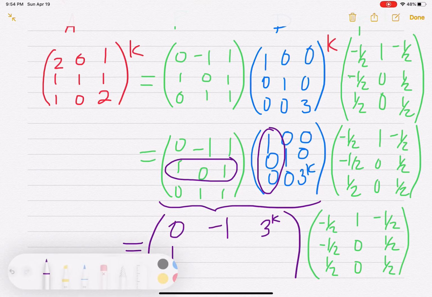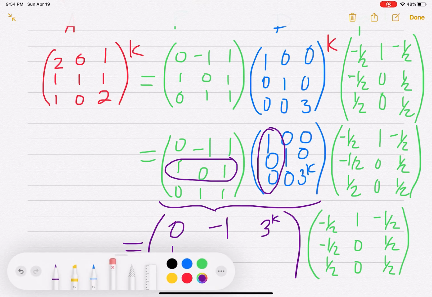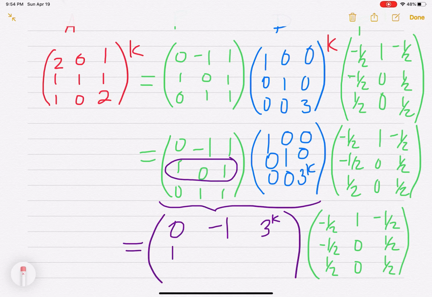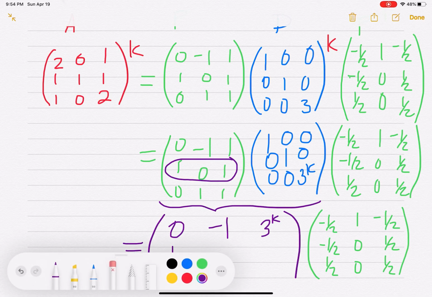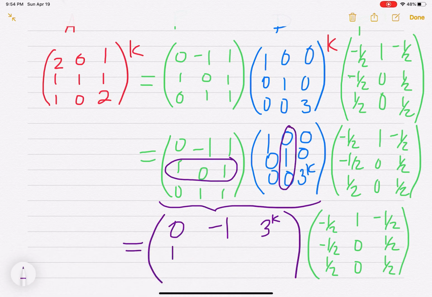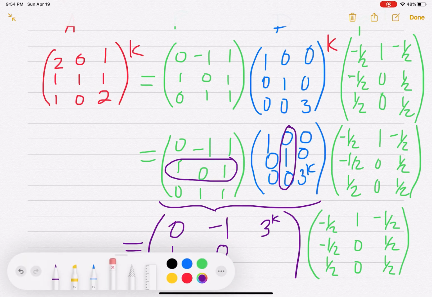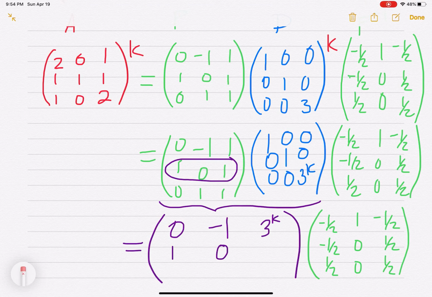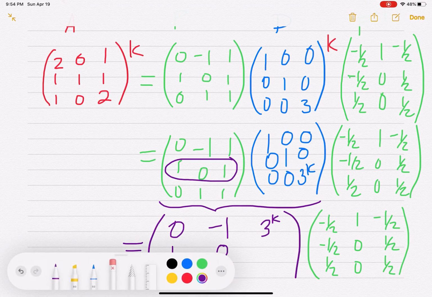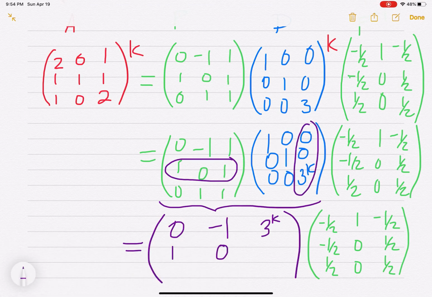All right, second row, second column. 1 times 0 is 0, plus 0 times 1 is 0, plus 1 times 0 is 0. We got a 0 there. All right, second row, third column. 1 times 0 is 0, plus 0 times 0 is 0, plus 1 times 3 to the k is 3 to the k. Okay.